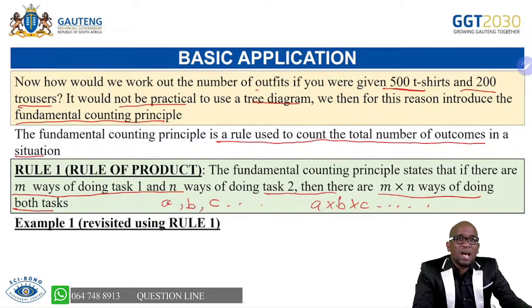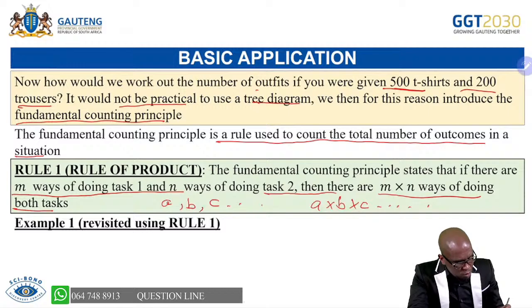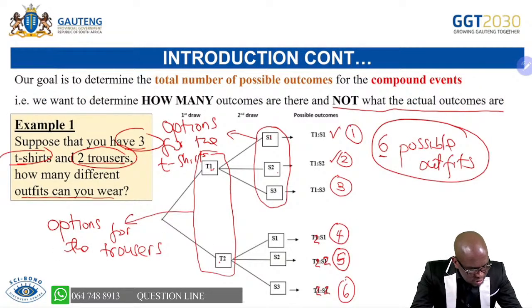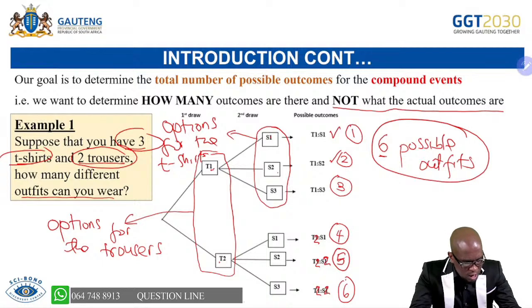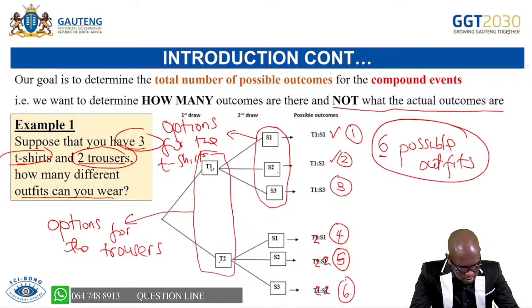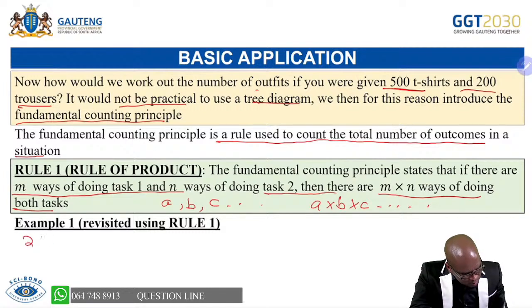Now let's revisit example 1. Remember, in example 1 we had 3 t-shirts and 2 trousers.